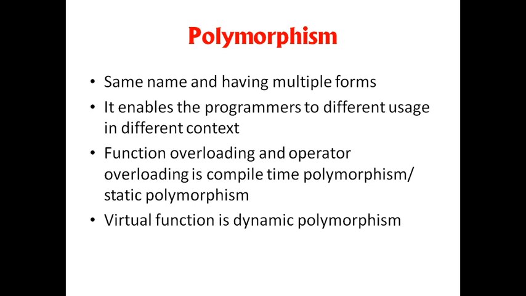It is an example of compile time polymorphism. It is also called static polymorphism. In an MCQ, a question can be asked, compile time polymorphism is also called as what? Then you should answer static polymorphism. Okay. And the next type of polymorphism is dynamic polymorphism. In dynamic polymorphism, virtual function is used.